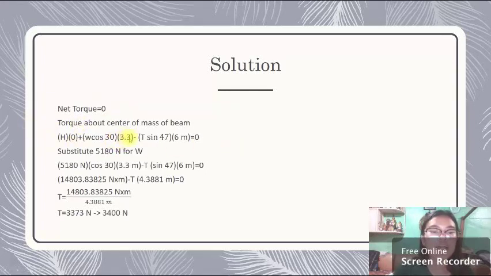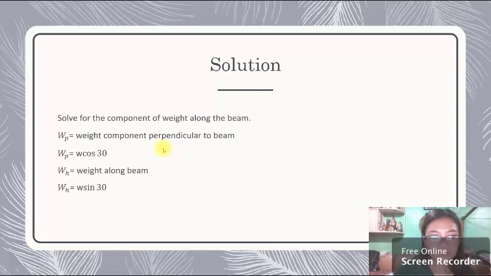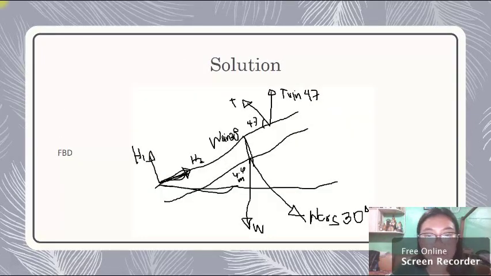So basically, I got 3.3 because I divided the length of the beam, which is 6.6, by 2, which is 3.3. And then this one is the length, as you can see in the free body diagram. This has a length of 6.6, and this one has a length of 1.8.